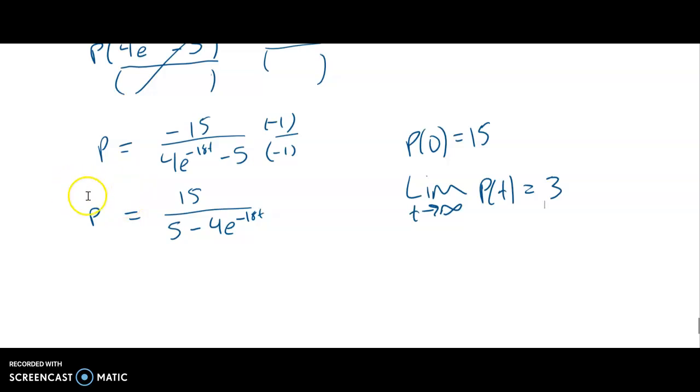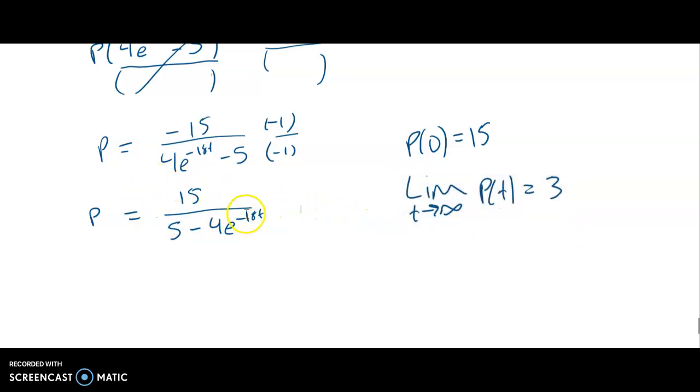So let's check that. When I plug in t equals 0, I get e to the 0, which makes this thing equal to 1. Then I get 5 minus 4, that's 1, and I get 15 over 1. And that gives me the P of 0 that we want. That makes sense. Let's check to see if the limit lines up with the carrying capacity that we got from above.